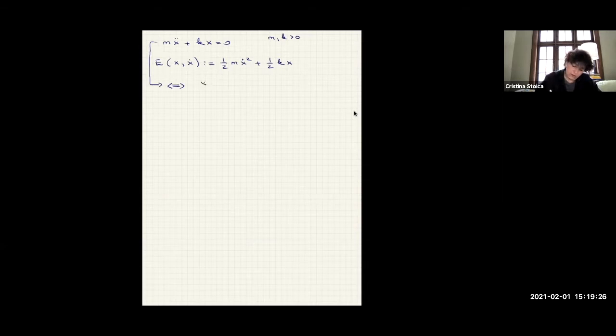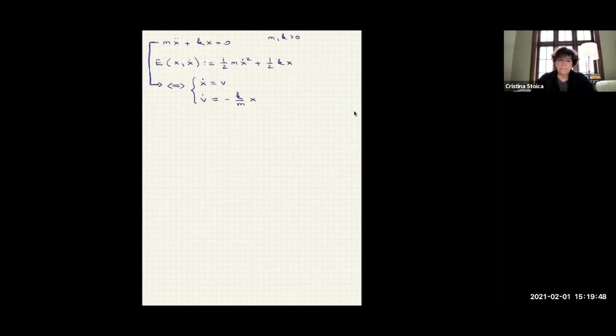So I'm going to call x dot to be v, and v dot, which is x double dot, is minus k over m x. So our initial second order ODE can be written equivalently as a system of 2 equations of first order.